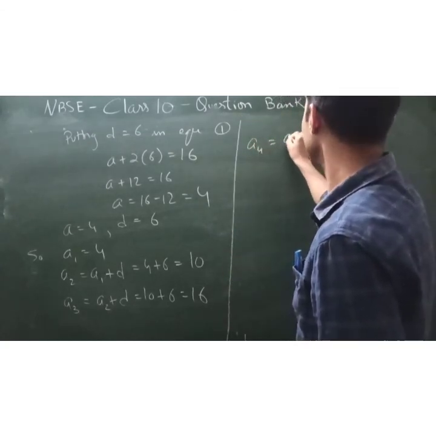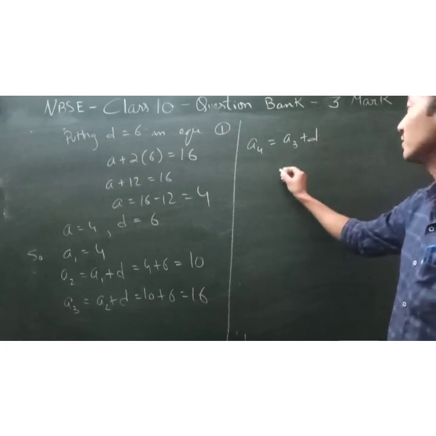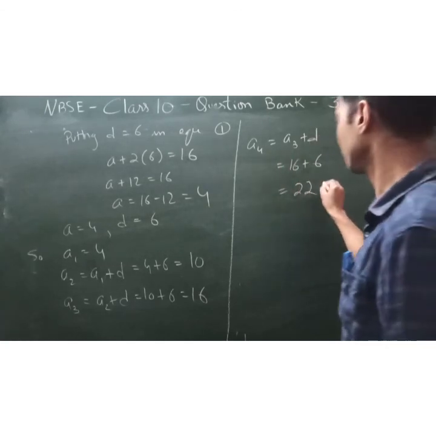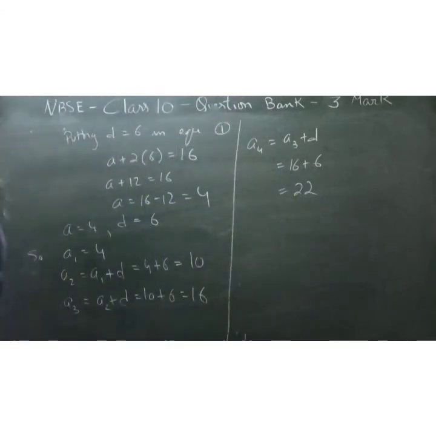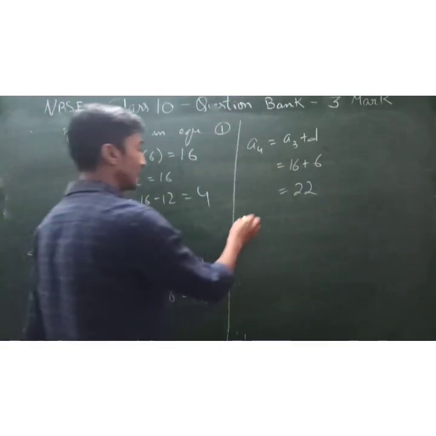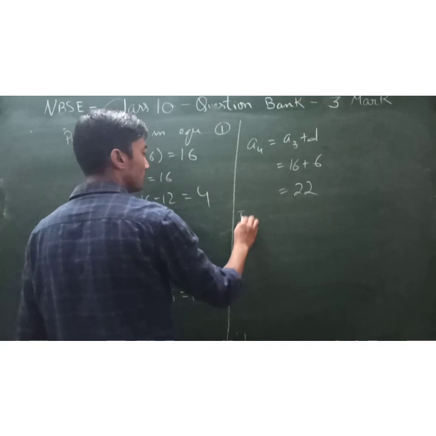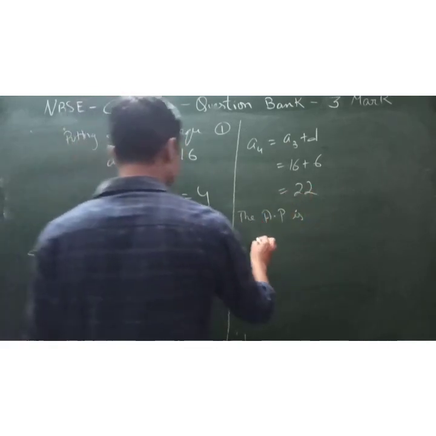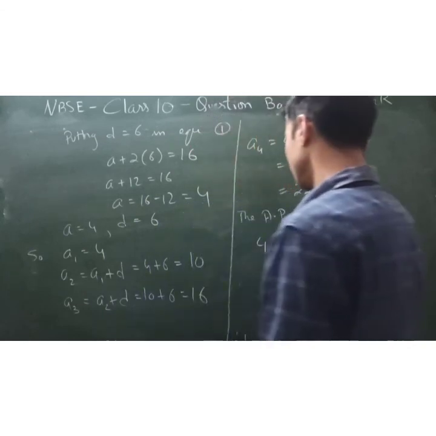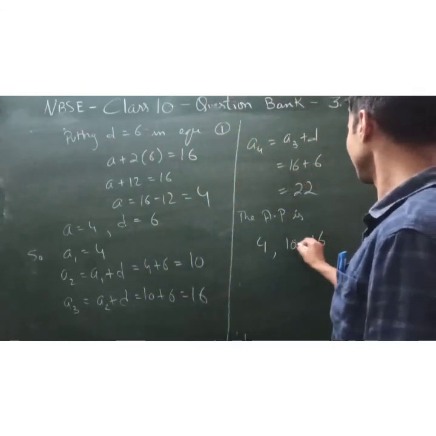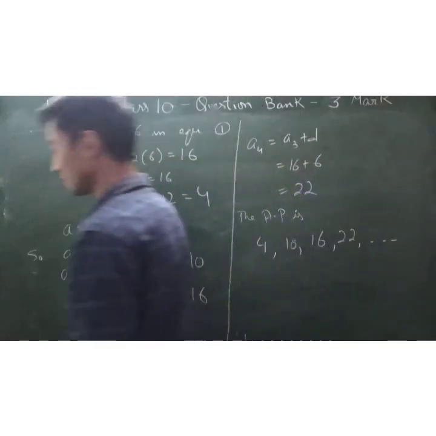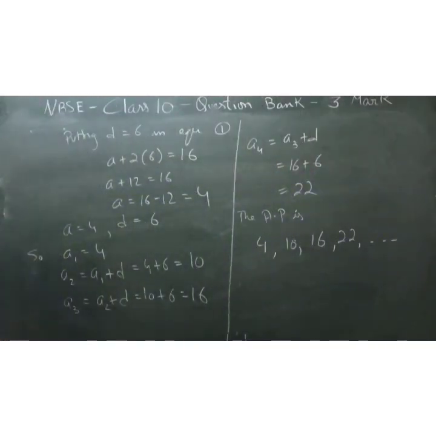Fourth term is third term plus the common difference, so that is 16 plus 6, that is 22. So likewise, no need to find for all. Therefore, the AP is 4, 10, 16, 22, dot, dot, dot. Only 3 dots would be sufficient.